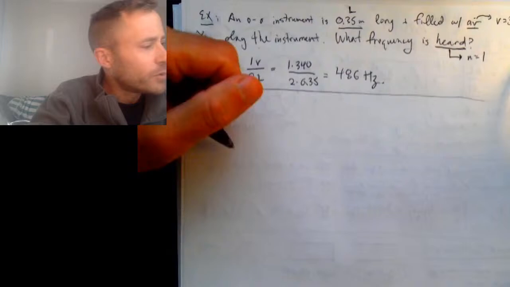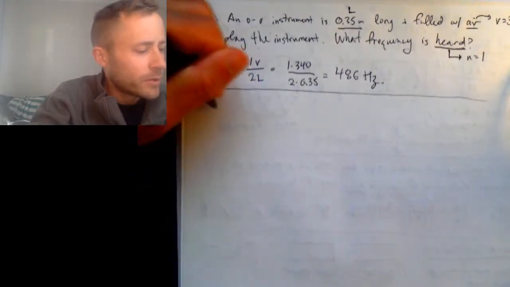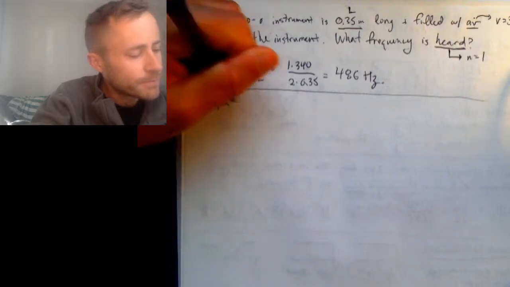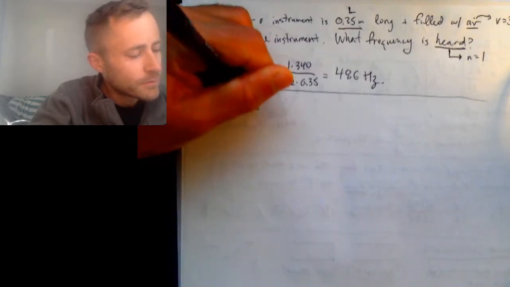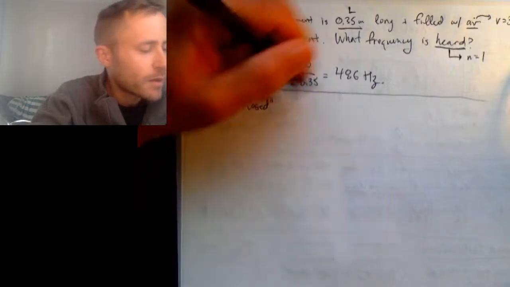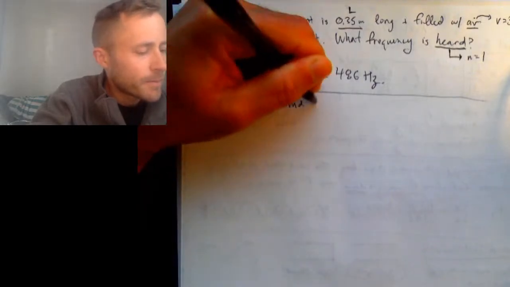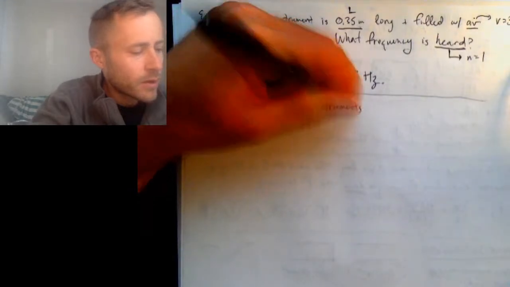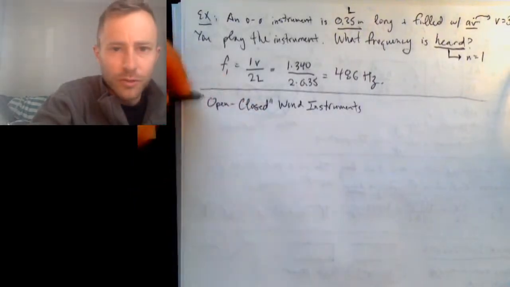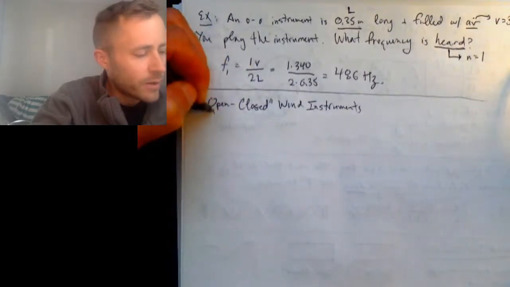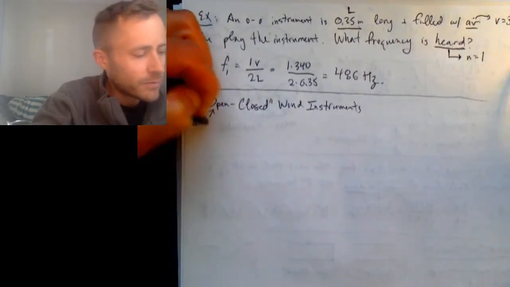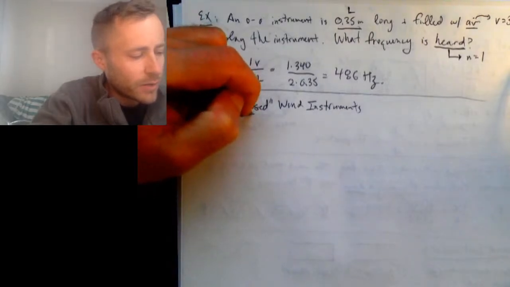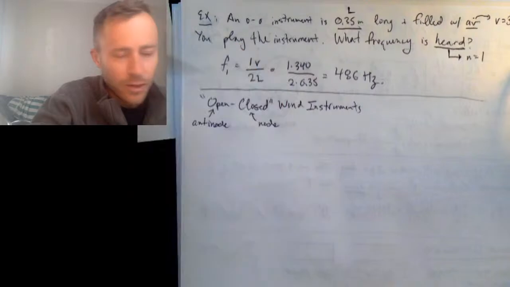So the last instrument we need to talk about is open-closed instruments. Open-closed instruments are going to have an antinode on the open end, and they're going to have a node on the closed end.